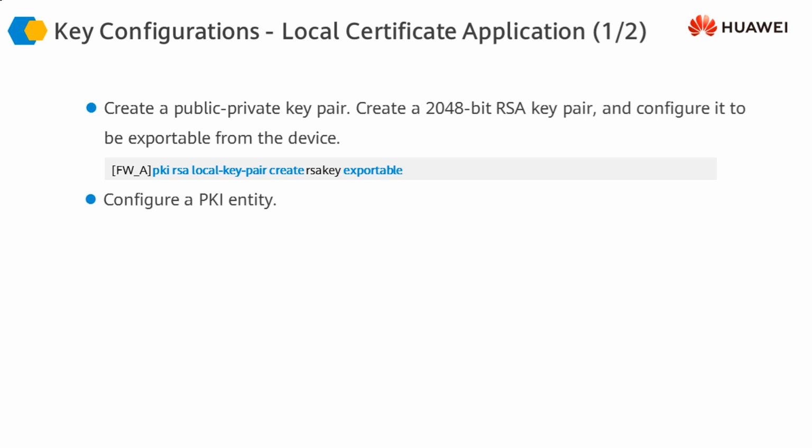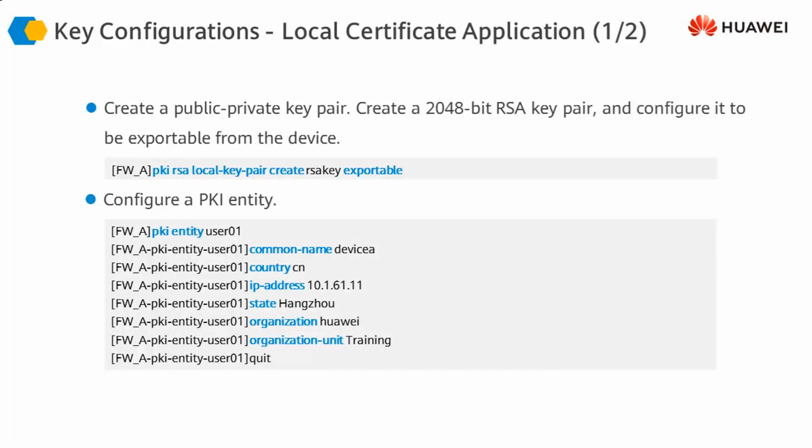Once we have generated the key pair, the public and the private keys, then we are going to define a PKI entity. This entity, we name it user1 here. This is going to be used for applying to the CA for the CA certificate and for the local certificate. We have to give certain parameters for this local entity or for this PKI entity.